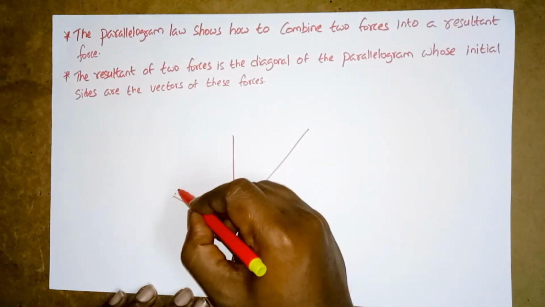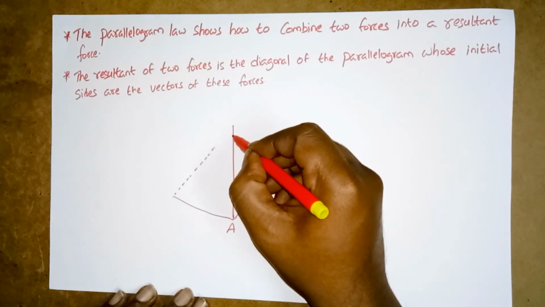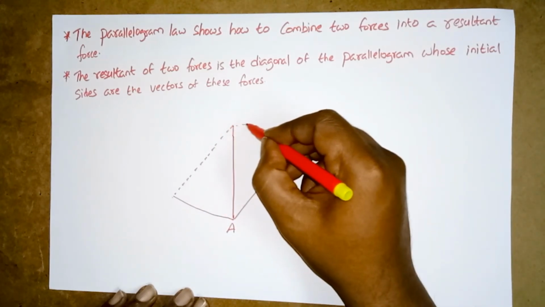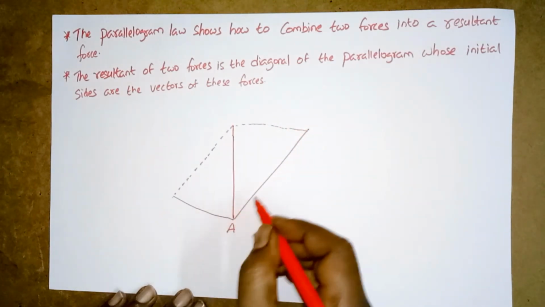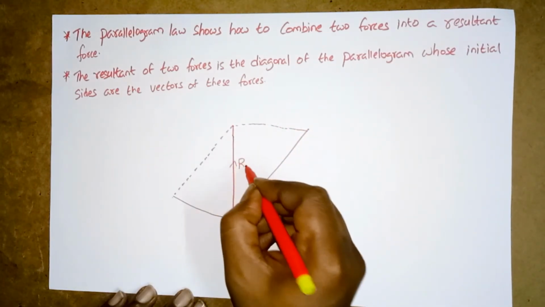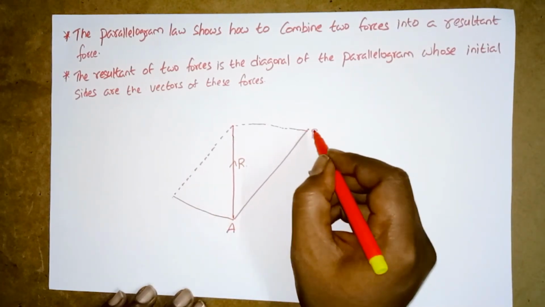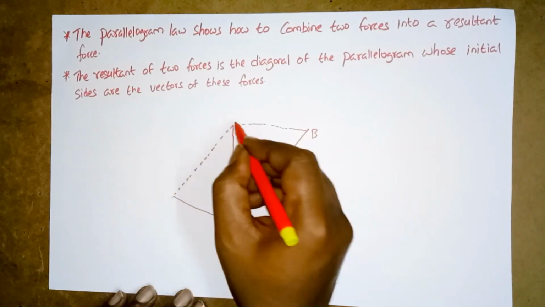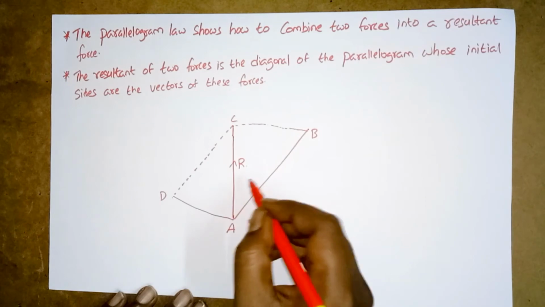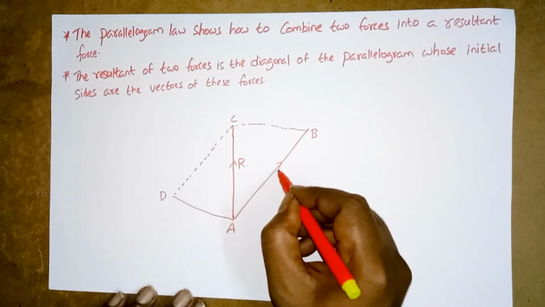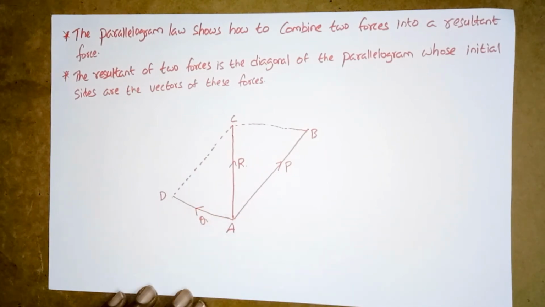Yeah, this is the completed parallelogram. This is the resultant R, okay, and this is A, this is B, this is C, D, okay. So this is R and this is P and this is Q, okay.